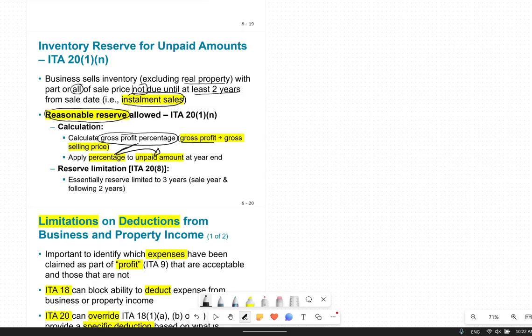And this reserve is limited to 3 years. What is that limitation? The limitation is 3 years: the sale of the year, and the 2 installments that you're going to have. So that's what the limitation is.